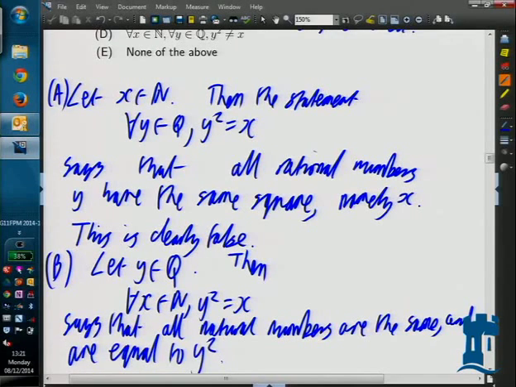And this is clearly nonsense as well. Again, the only way for the whole statement to be true here was if it had been for all y in the empty set or something like that, in which case this would have been a true statement, but for stupid reasons. We're not doing anything like that.